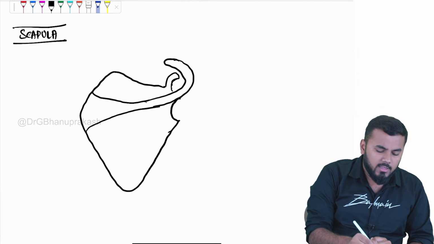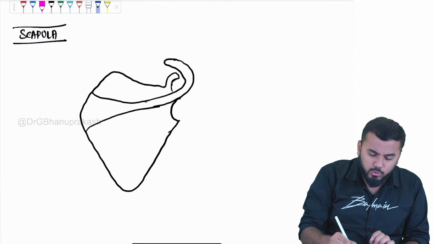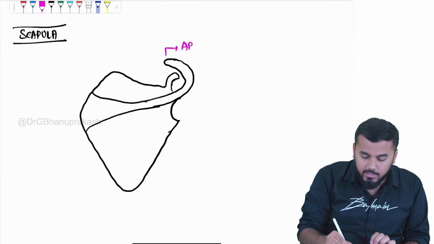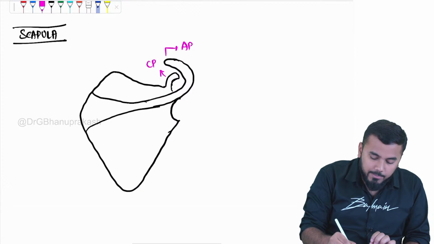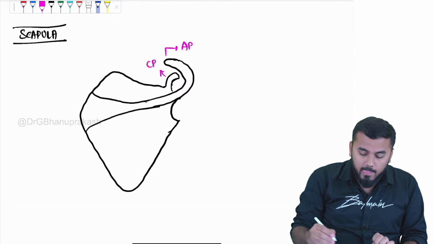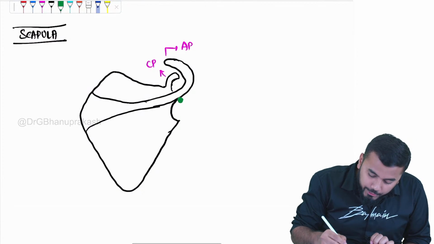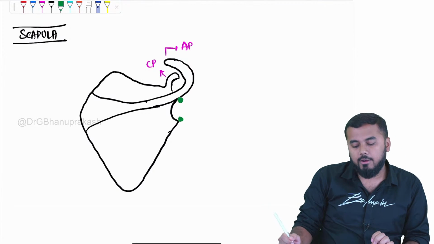Now I don't want to mention everything, guys. You know that this is AP, acromion process, and this one is CP, coracoid process. And I'm putting some points here. This is called the supraglenoid tubercle, and this is called the infraglenoid tubercle.